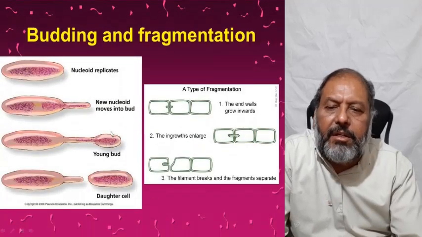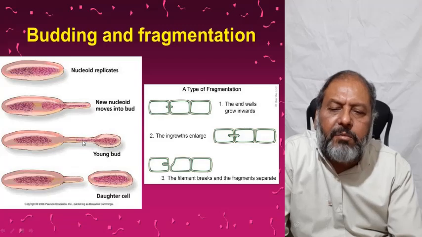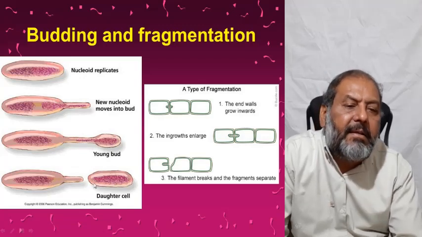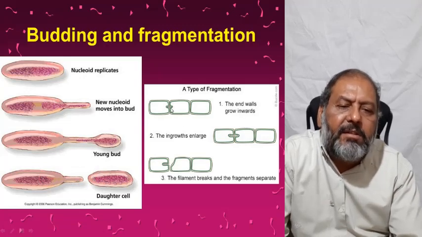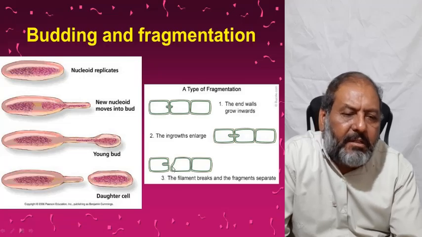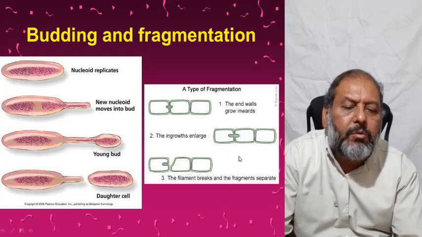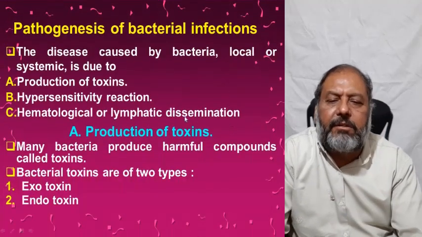Here one can see the outgrowth as a bud that detaches from the mother cell to become a new independent cell, and this is the fragmentation. One can see a piece of the cell detaching from the mother cell, and that is capable of producing a new cell.